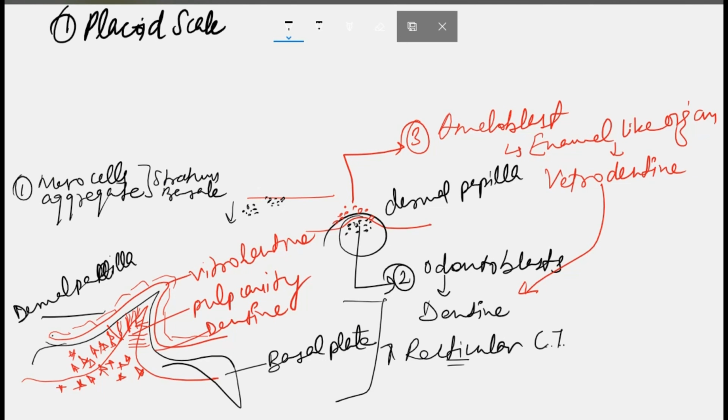I have already told you about collagen and elastin, but another type of fiber that is going to support the basal plate is Sharpey's fiber.